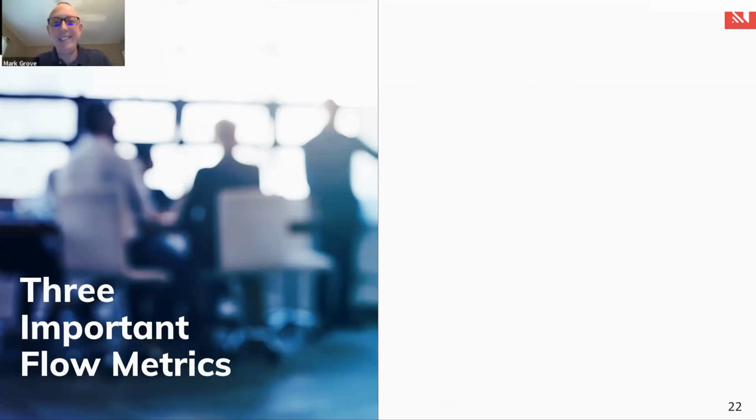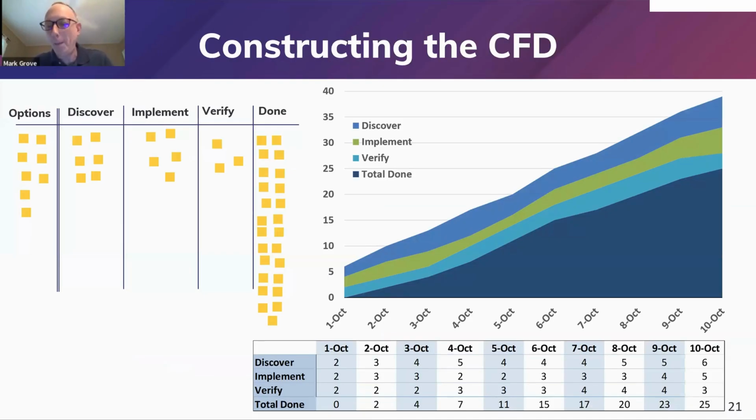Question on the CFD diagram that you're showing on the last slide. Is this Kanban or Scrum? Just out of curiosity. Yeah, it actually doesn't matter. It's neither. It's both. What's important here is we've identified a flow.